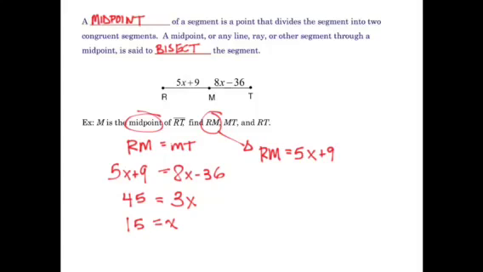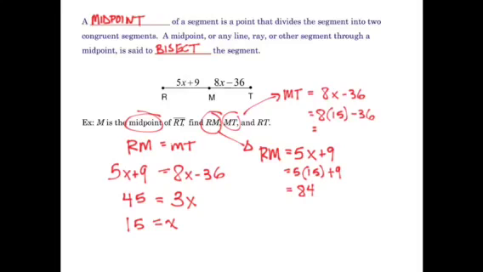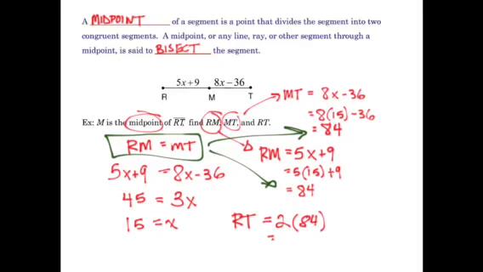So the questions ask for RM and MT. If we plug in our values of x, we get 84 for RM, and we should, because it's the midpoint, we should get that MT is also 84. If we plug through it, we get 84 again. So that's a nice check that our math is correct because we got the same distance on both of these. And then the whole thing, if we were to take twice 84, we get 168, which is the length of our whole line segment.